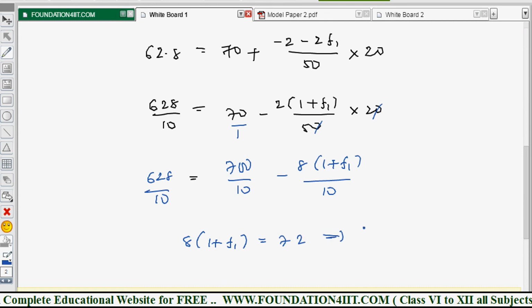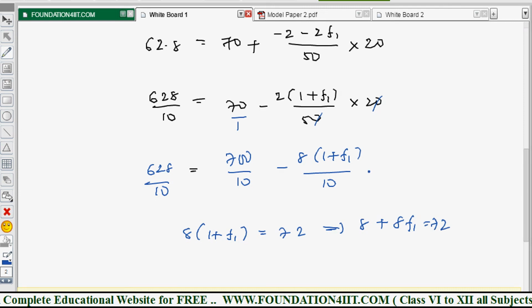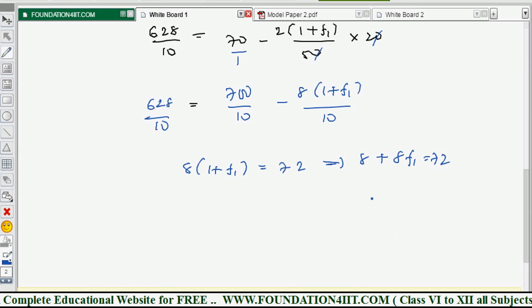So 8 plus 8 F1 is equal to 72. Then F1 is equal to 72 minus 8 by 8. 72 minus 8 is 64, 64 by 8 is 8, so F1 is 8.